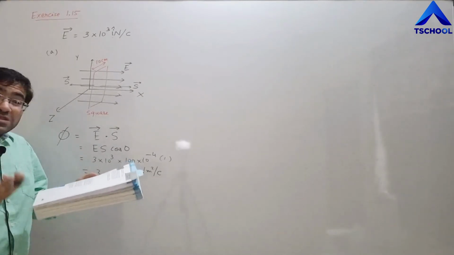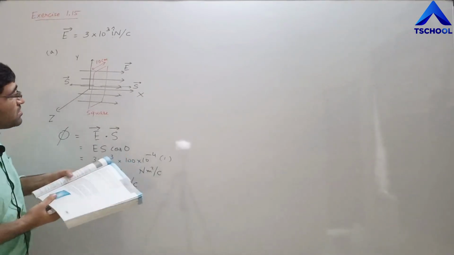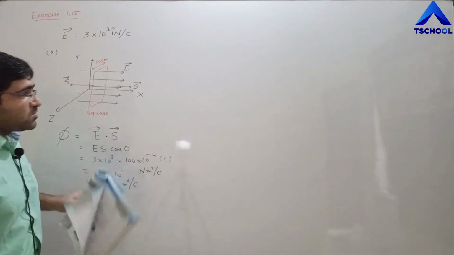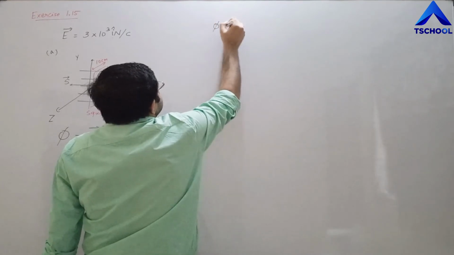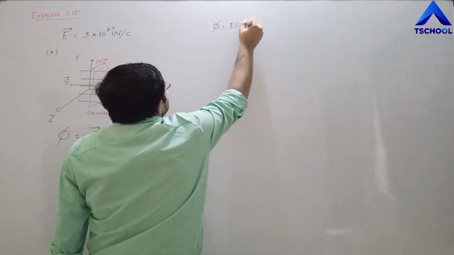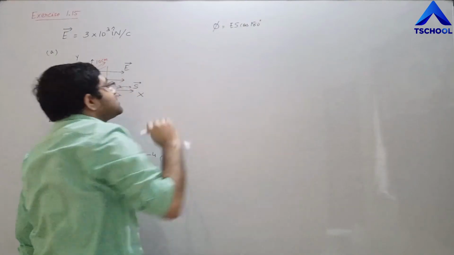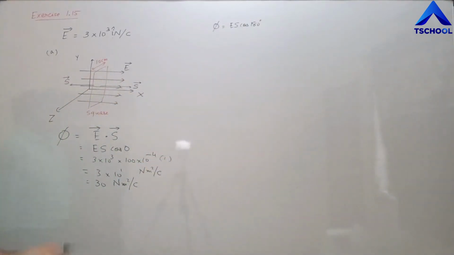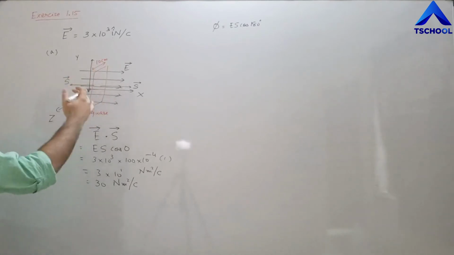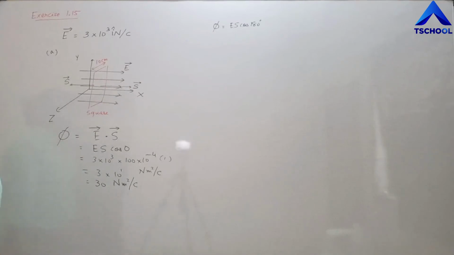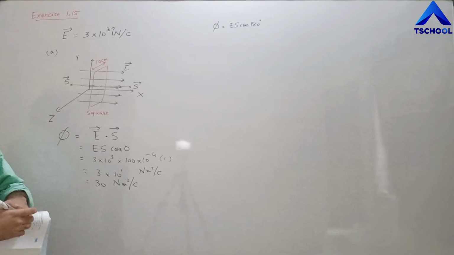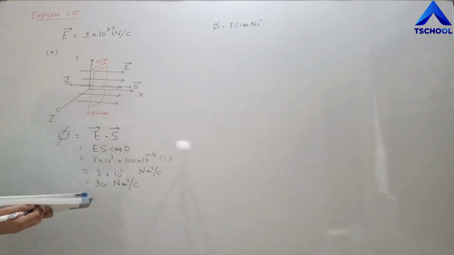So what this means is that there are two possible answers. The other possible answer is, if you take this angle to be 180 degrees, I don't think you'd have a problem with that. But keep in mind that for such single open surfaces, you can have two possible answers. I am not going to repeat the calculation. I'm sure you know what it means. So this is it about part A.